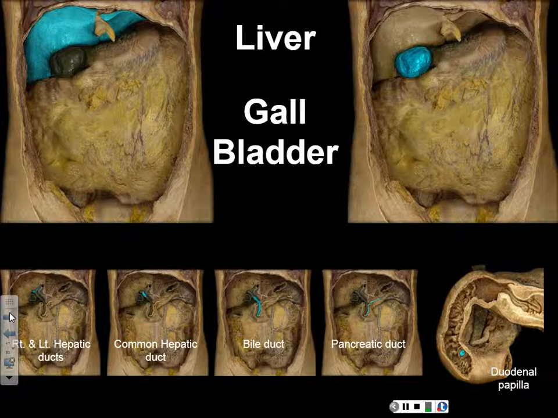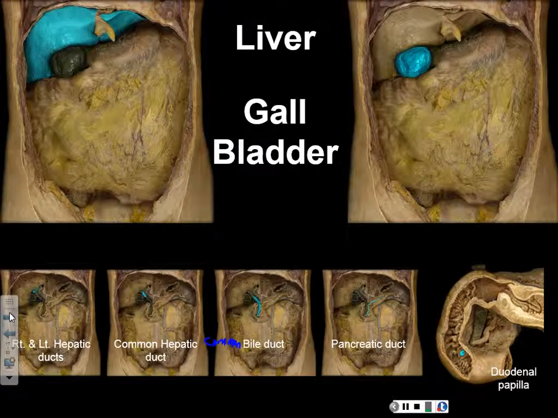The common bile duct goes to the duodenal ampulla, the duodenal papilla, the major duodenal papilla, where the duct of the pancreas also opens into the same part. But the pancreas has other accessory ducts that open into the minor duodenal papillas. Okay, and I'll show you that.